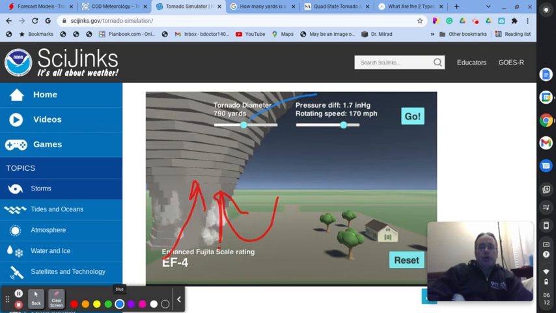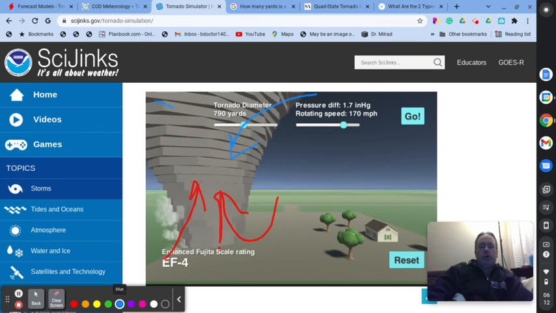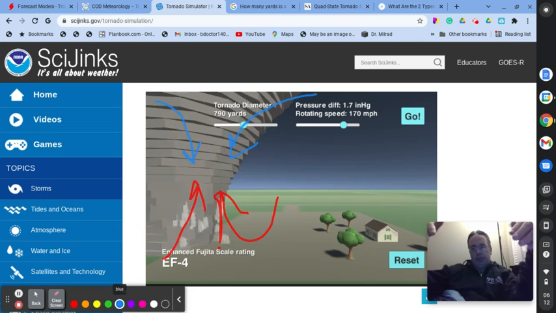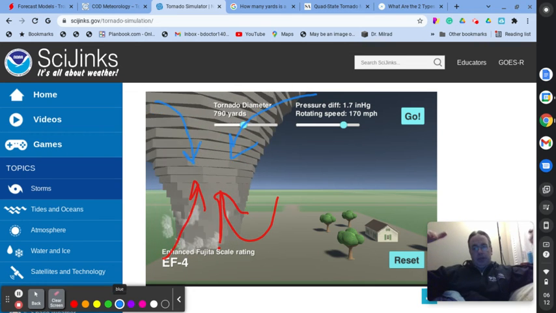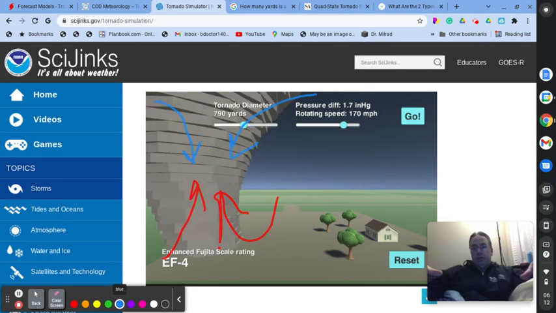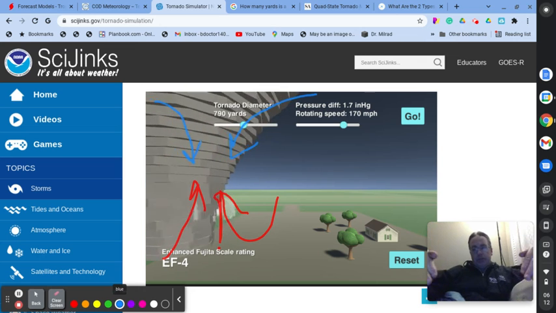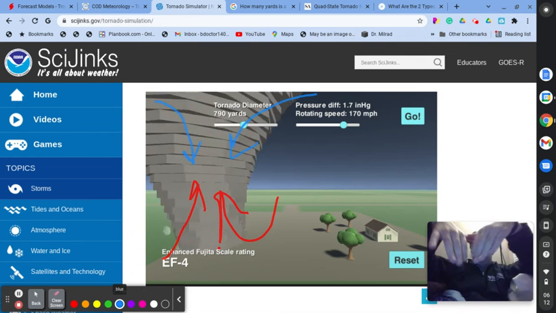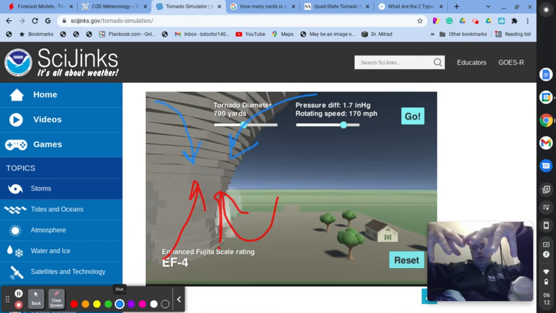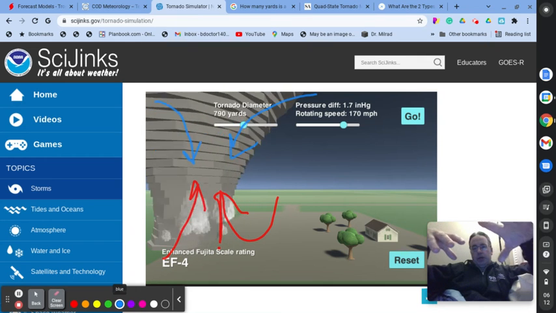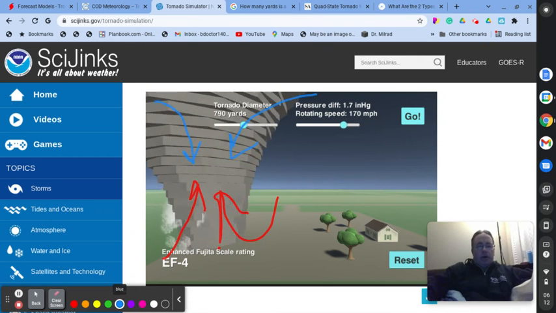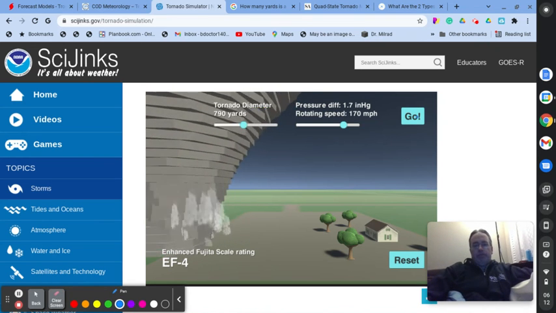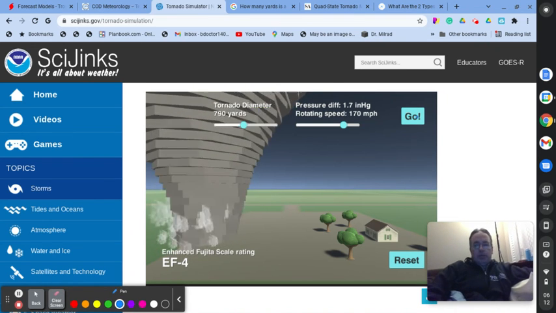And you have cold air depressing down, going into the tornado. So you have these two air masses converging on one single point. Okay, and so that's going to cause major, major problems.